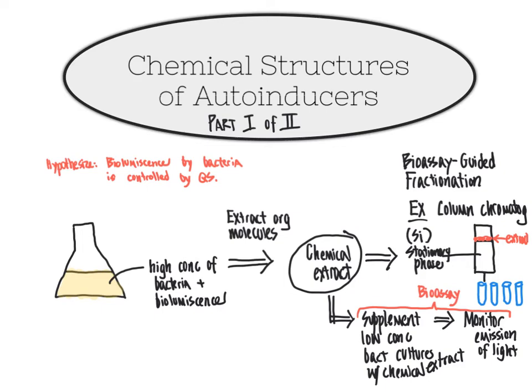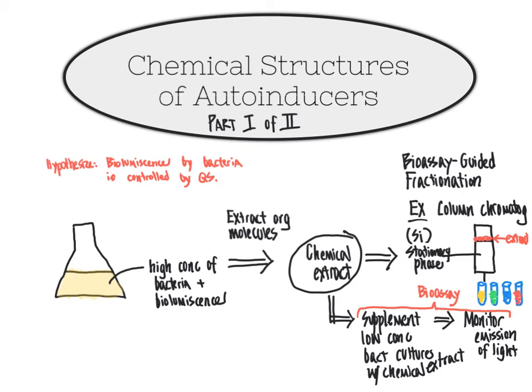And so by collecting fractions at different time points as this elution takes place, as the compounds move through the column, what we do is generate a series of fractions of different polarities, where I'm representing these different fractions and the different compounds contained in each fraction by coloring in the test tubes with different colors here.